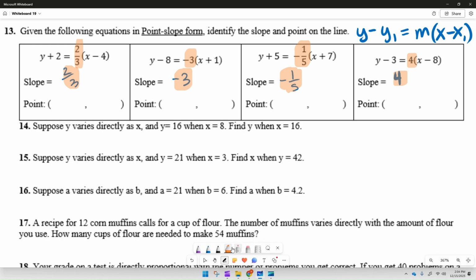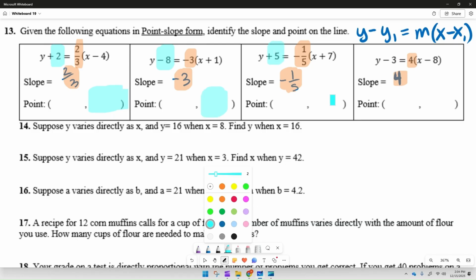So that is our slope. Now, looking at our x value and looking at our point, our x value is going to be on the same side as the other y, in terms of our y1.